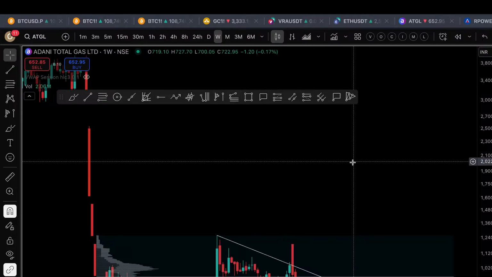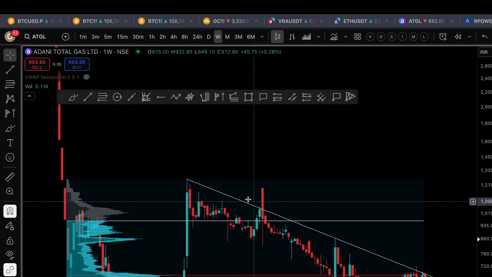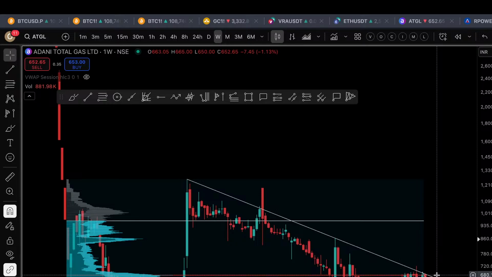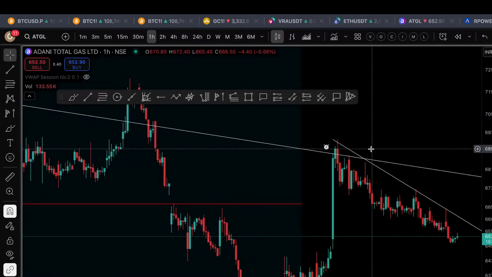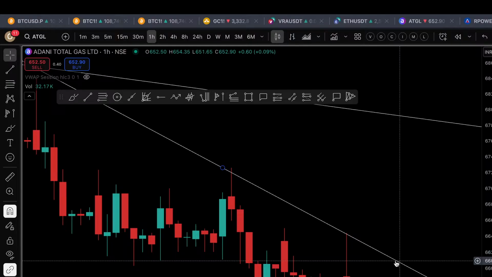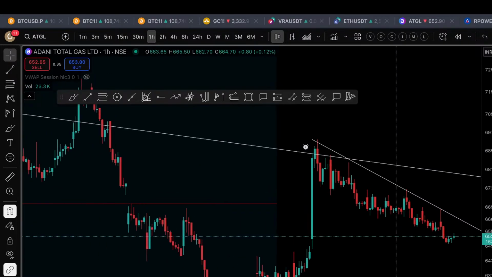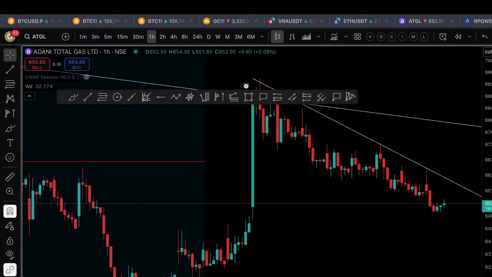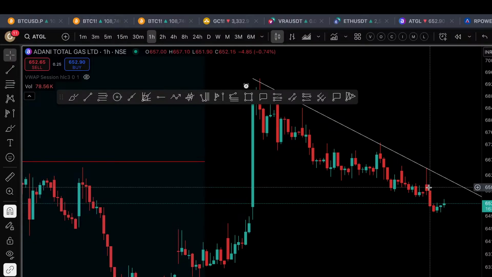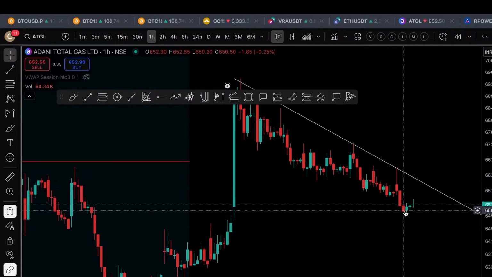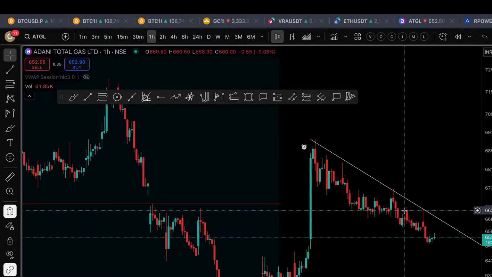I really wanted this trend line to flip to support, which it has not yet. So I do have a position open, and it's almost at entry, and I'm going to get out of it because unless we go above this trend line, I don't expect us to go higher.